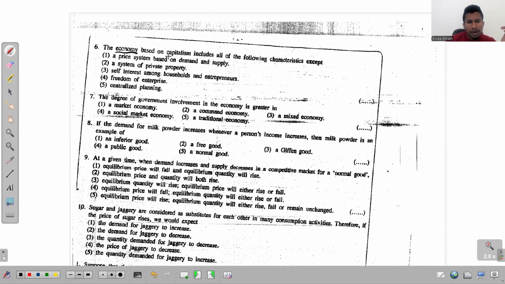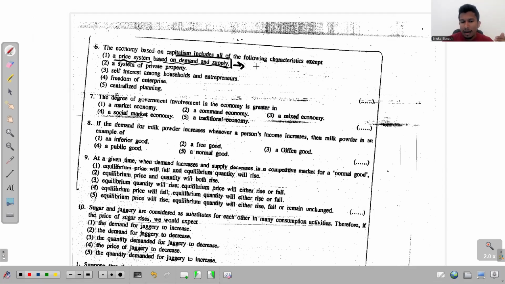The economy based on capitalism includes all the following characteristics except one, and we just need to find that one which is not a characteristic of capitalism. Right, the first one, a price system based on demand and supply. See that now, a price system, the prices of goods and the prices of factors of production get decided based on the demand and supply.